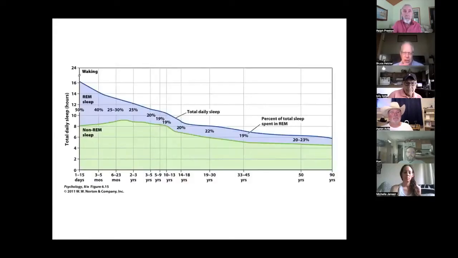This shows the change in sleep patterns over the course of the lifespan. So when you're a newborn, days 1 through 15, you spend about half the time in REM sleep and half the time in non-REM sleep.